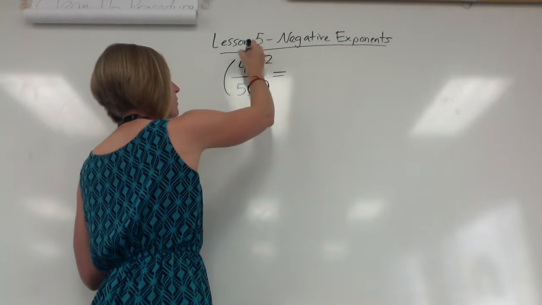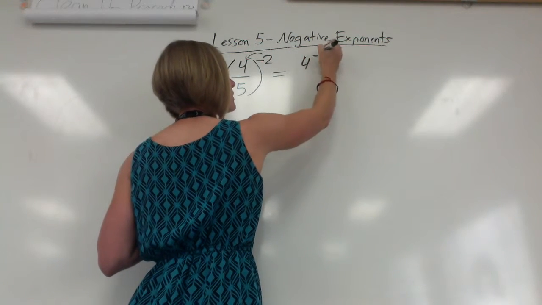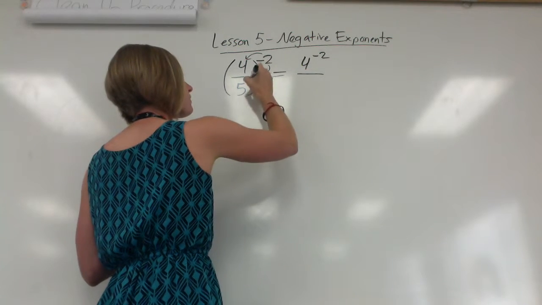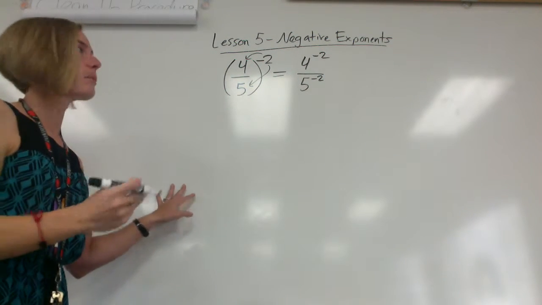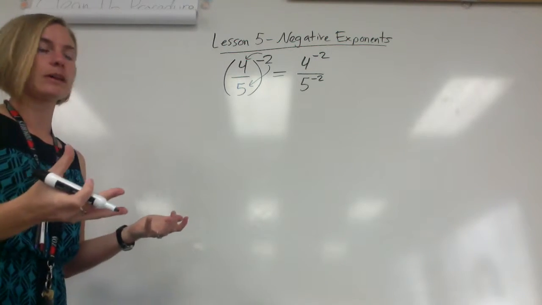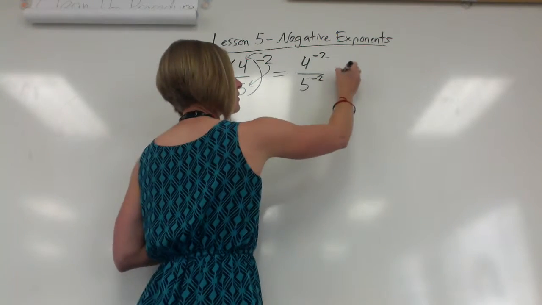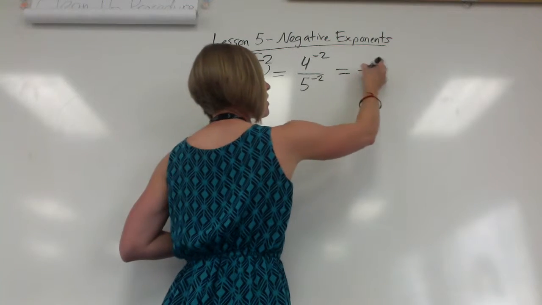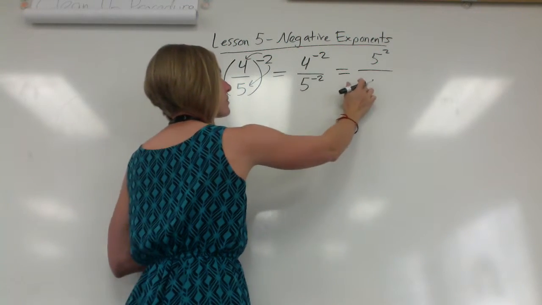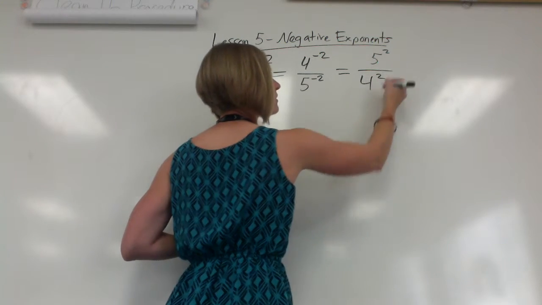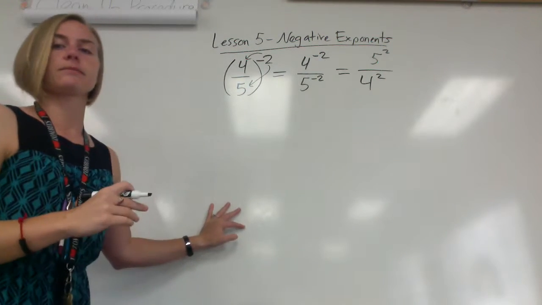So we put this -2 on the 4, so it's 4 to the -2. Put the -2 on the 5, so it's 5 to a -2. And then they both need to move to become positive. So this 5 needs to go to the top to become positive, 5 squared, and this 4 needs to move to the bottom to become positive, 4 squared. And we could leave it like that.